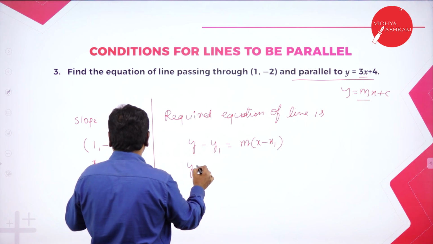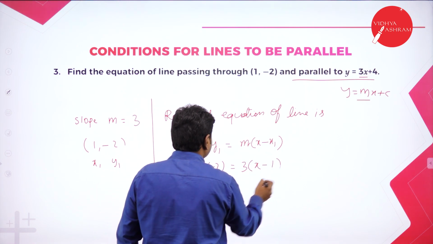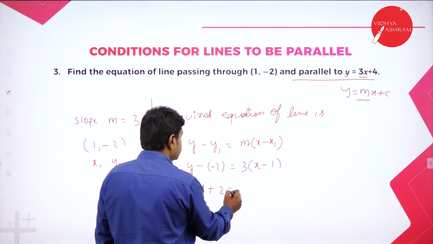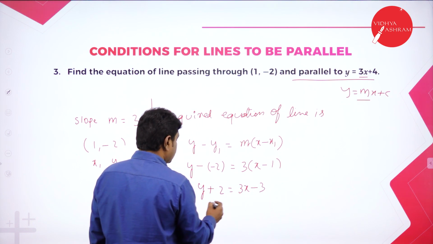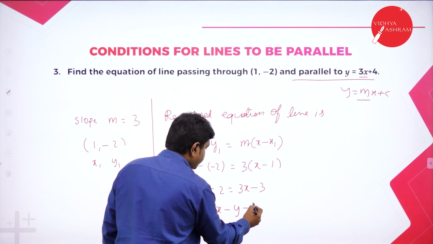Y minus y1 is what? Y plus 2 is equal to m, which is 3, into x minus 1. Simplify this, you will get y plus 2 is equal to 3x minus 3. Rearrange, transfer all terms to one side. 3x minus y minus 5 equal to 0.